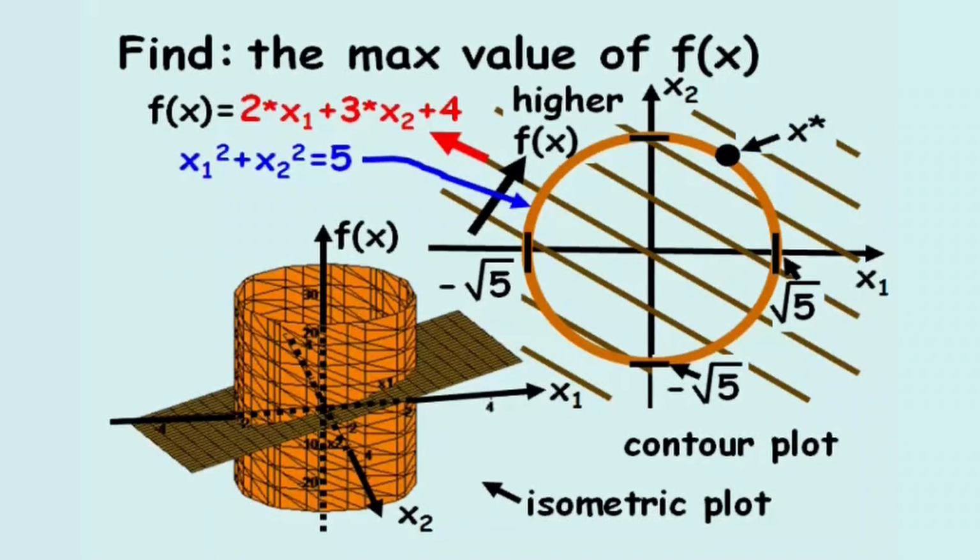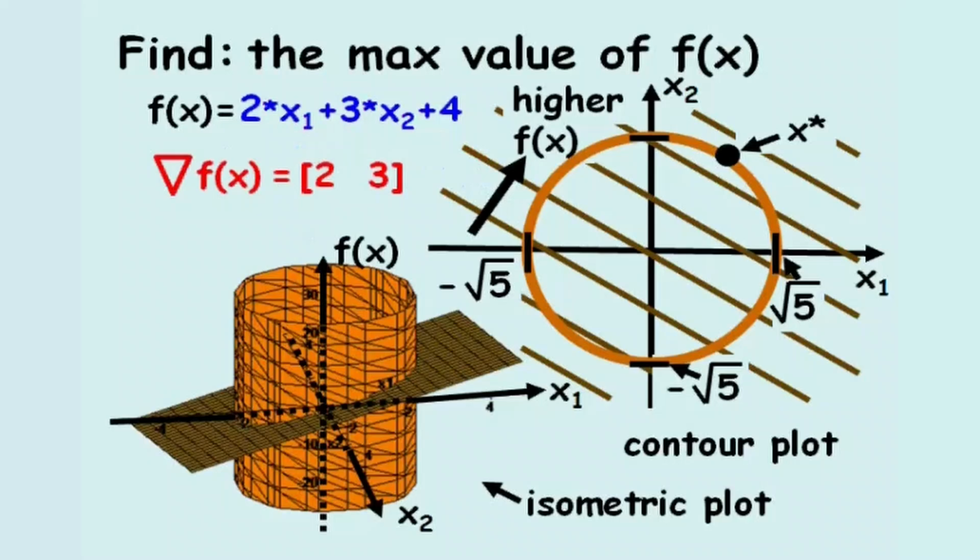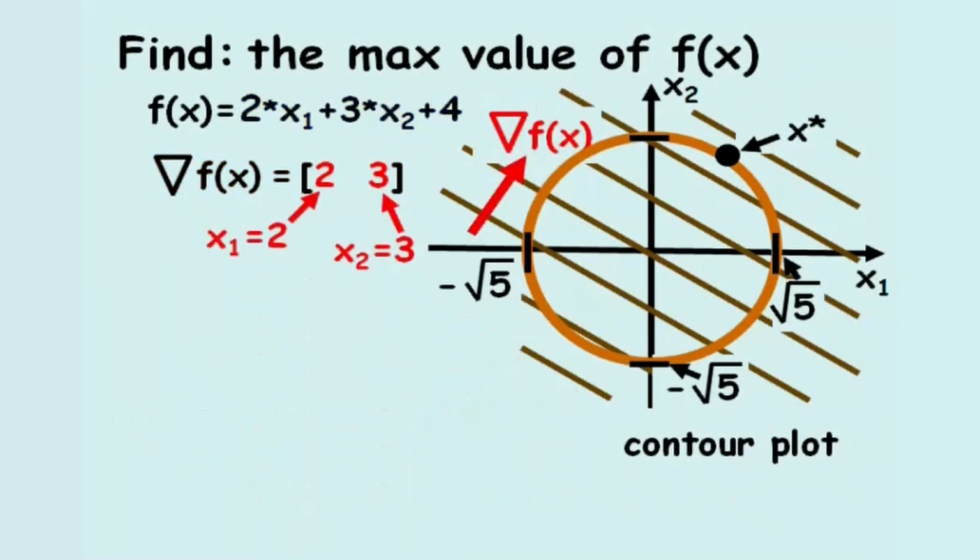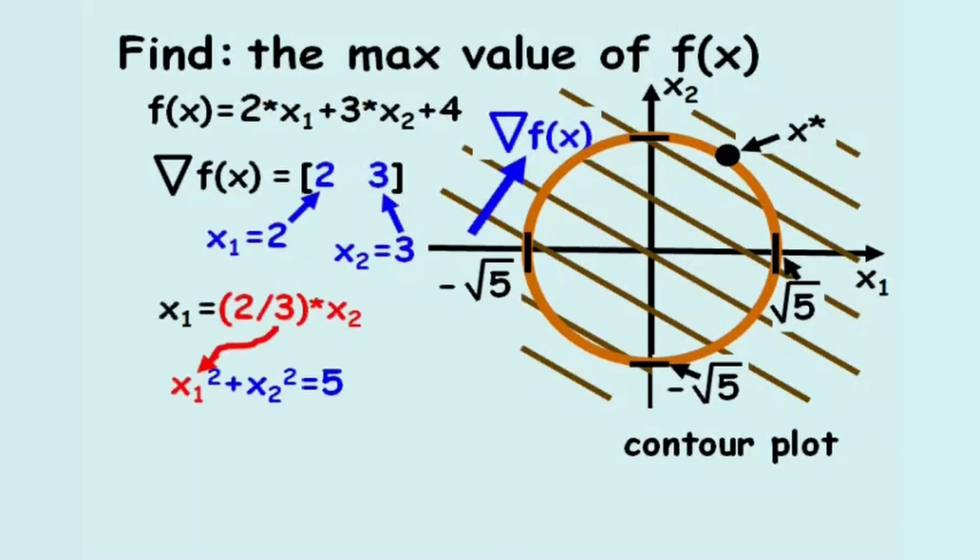We notice the gradient of the objective function points 2 units in the x1 direction for every 3 units in the x2 direction. So, if we plug in 2/3 times x2 for x1 in the equality constraint, we find that x2 equals plus or minus 1.86.